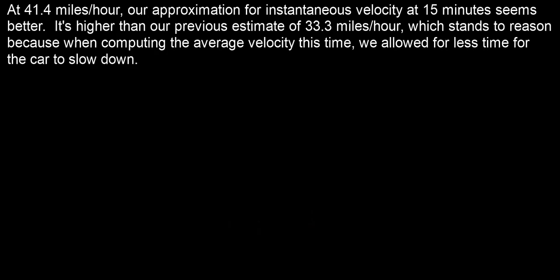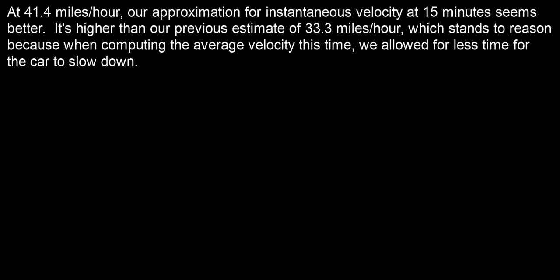Well, my goal though is not to find approximations for the instantaneous velocity. My goal, and Newton's goal, was to find the instantaneous velocity. So how do we get there? Well, the logic tells us that the smaller the time window that goes by, the better the approximation. So what if we could shrink the time window to nothing?